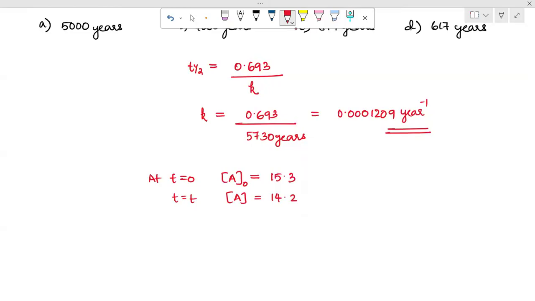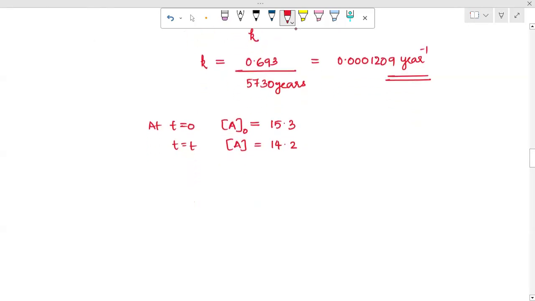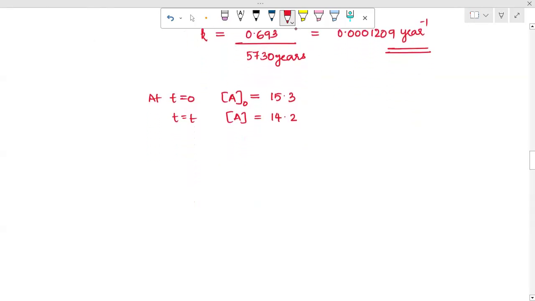You know K, you have the initial concentration, you have the final, you have to find T. You have to understand that carbon-14 decay is a radioactive process and that is going to follow first order kinetics, that's all. So what is the equation? T is equal to 1 by K ln of initial concentration divided by final.